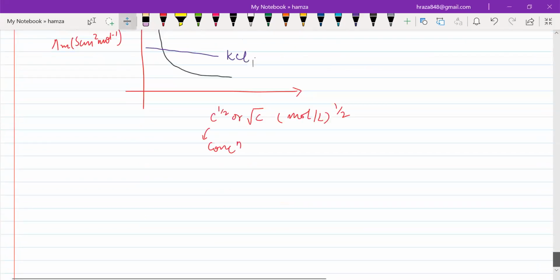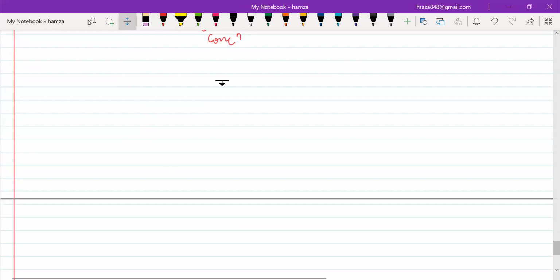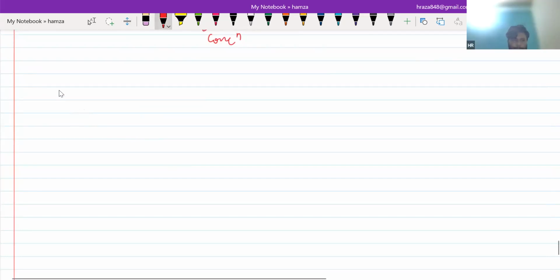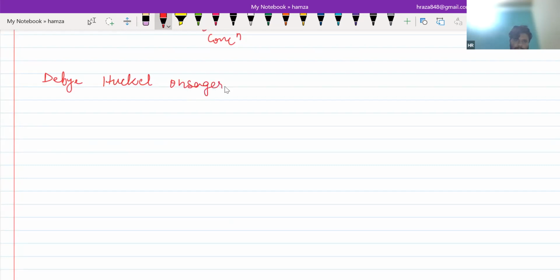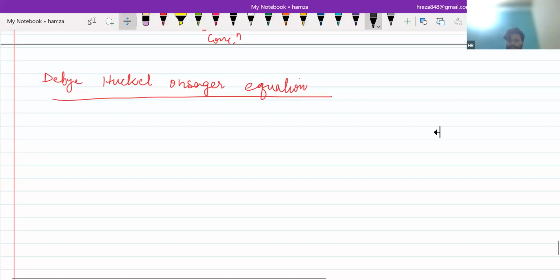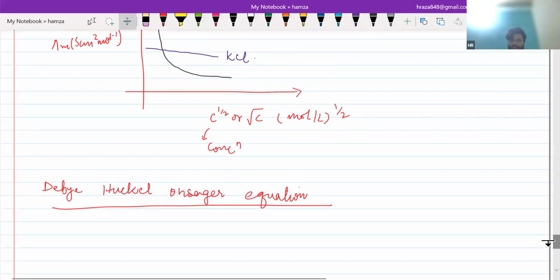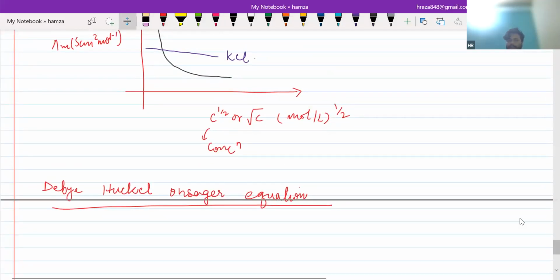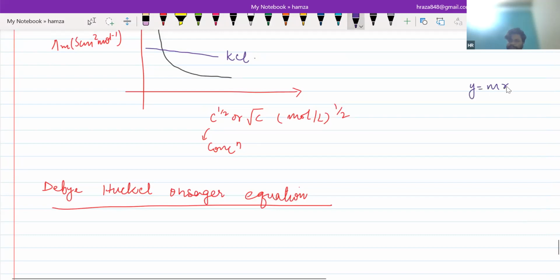Yes. Okay. So from this, there is the Debye-Huckel-Onsager equation, and this equation is only for a strong electrolyte. Basically, from this graph, this equation comes, and this equation is only for a straight line, y is equal to mx plus c.